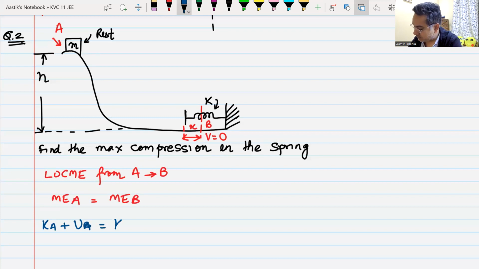At point B, we have kinetic energy plus potential energy. What is the kinetic energy at point A? 0, sir. It is at rest.